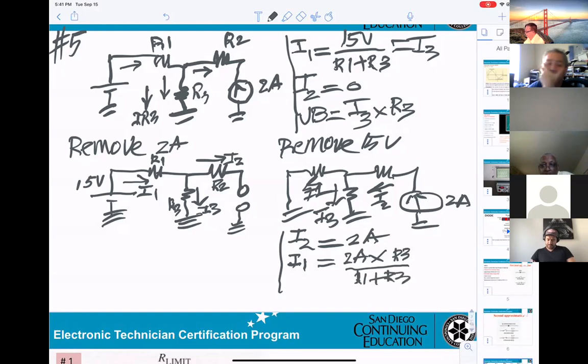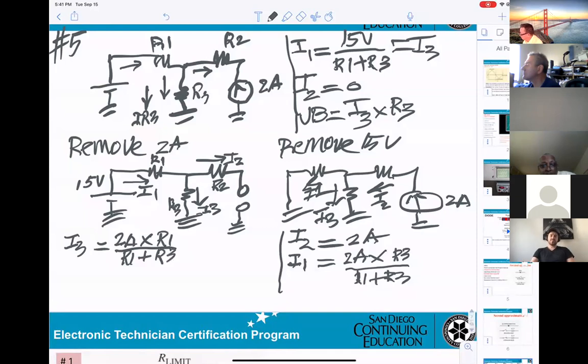And if you want to calculate I3, it equals 2 amp times R1 divided by R1 plus R3.